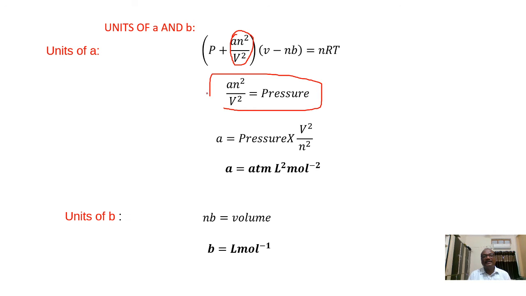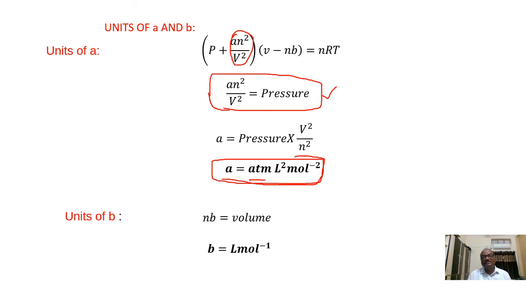From this, we write the equation for small a: a is equal to pressure units into V²/n². The units of pressure are atmospheres, V² means liter squared, and n² in the denominator means mole to the power minus 2. These are the units of small a.